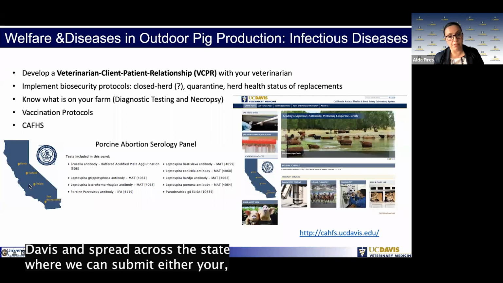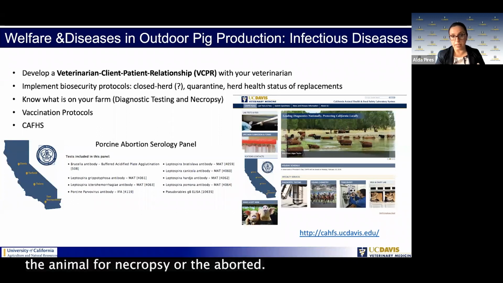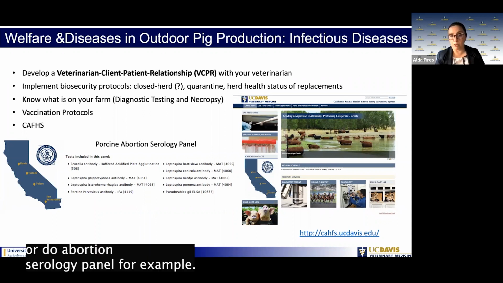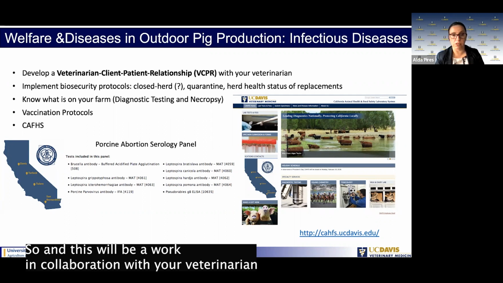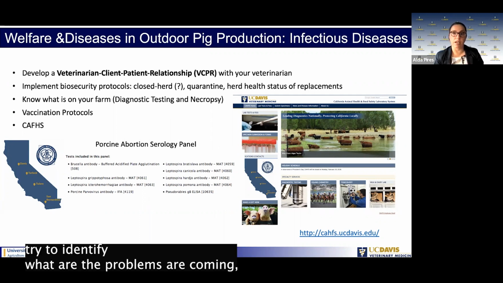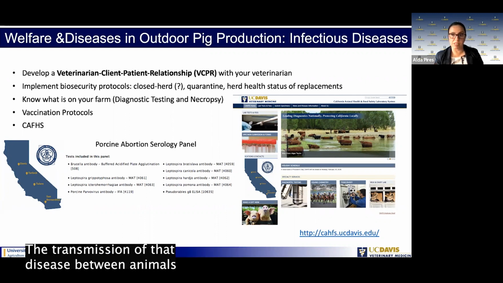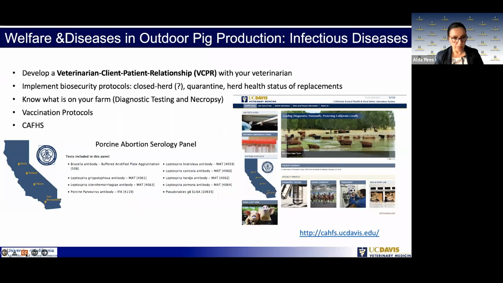We have one in Davis and others spread across the state, where you can submit either the animal from the crops or the aborted tissues, could be the piglets, the placenta, or do an abortion serology panel, for example. This will be a work in collaboration with your veterinarian, to try to identify where the problems are coming from, how I can vaccinate or not, and how I can stop or slow down the transmission of that disease between animals.